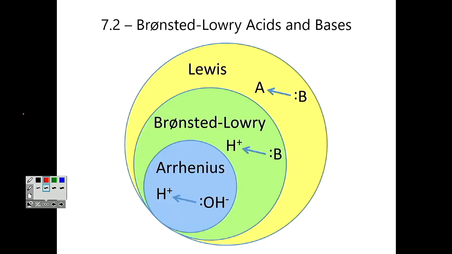So this sort of summarizes these concepts. A Lewis definition is the most inclusive, the broadest. You have some lone pair coming from some atom, whatever that may be, and that's being accepted by some other atom, whatever that may be. Doesn't have to be a proton, doesn't have to be anything other than an atom that can do that. That's the Lewis definition.